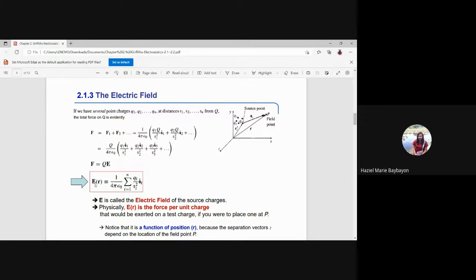This is the total electric field at the point of the source charge or test charge, big Q. So you have 1 over 4 pi epsilon naught multiplied by the sum of all this, Q sub i over R sub i squared, R sub i hat. Okay? So that is the electric field. So force is equal to Q times the electric field.